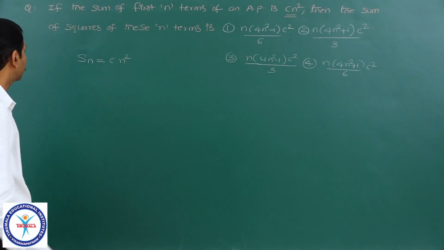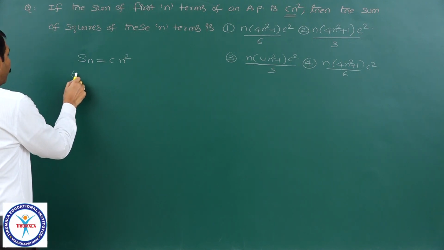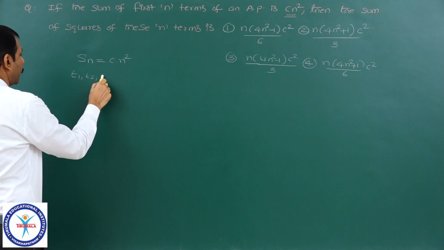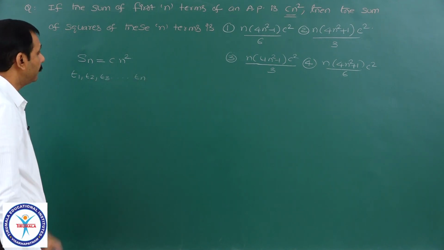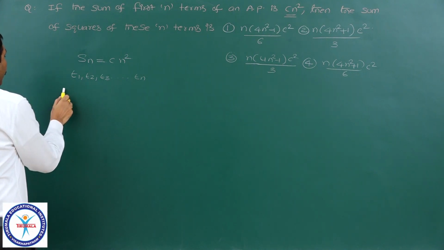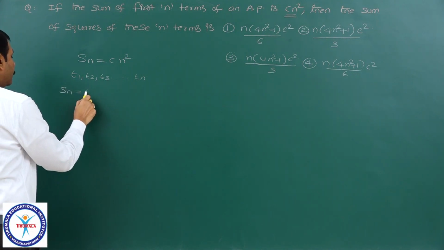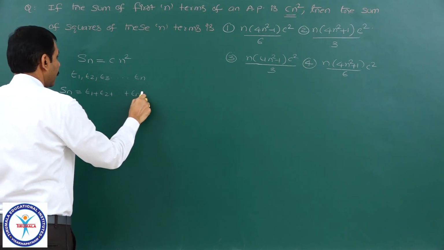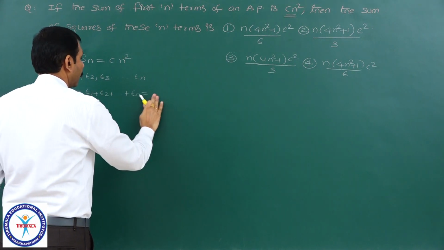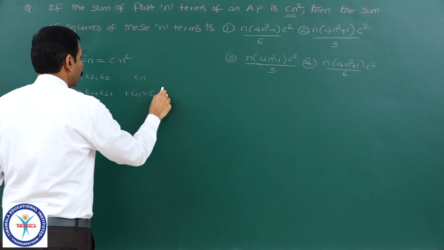Observe, if I take T1, T2, T3 and so on, Tn as the n terms, they have given Sn, which means T1 plus T2 plus and so on plus Tn is equal to C into n square.